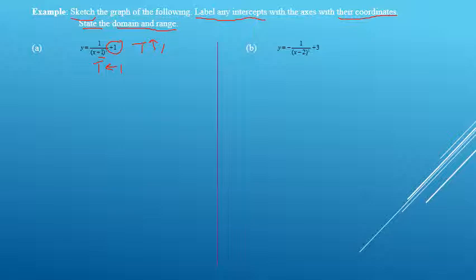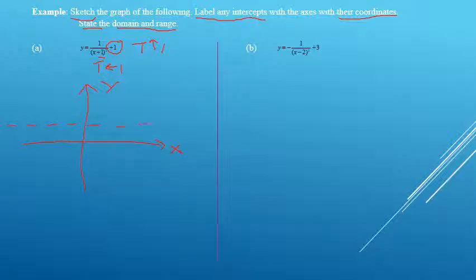Okay, so if I was drawing this graph here, the first thing I do is draw my axes, x and y, label them. If we had a ruler, we should be using a ruler. My little program here doesn't allow me to do that, so that's the best we can do. So if this graph has been shifted up 1 unit, then the horizontal asymptote has been moved up 1 unit.